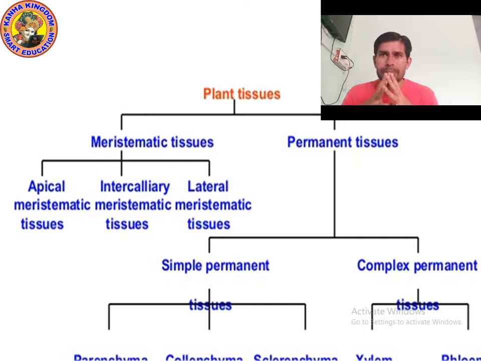Permanent tissue can be divided into two categories: simple permanent tissue and complex permanent tissue. There are three simple tissues: parenchyma, collenchyma, sclerenchyma. And there are two types of complex tissues: xylem and phloem.